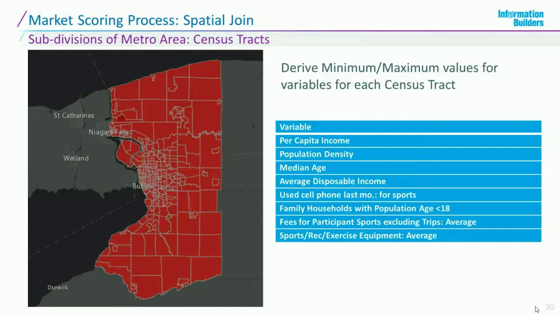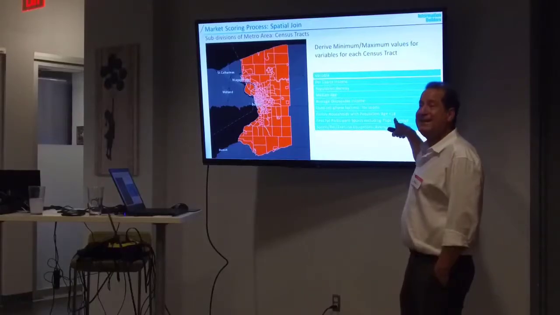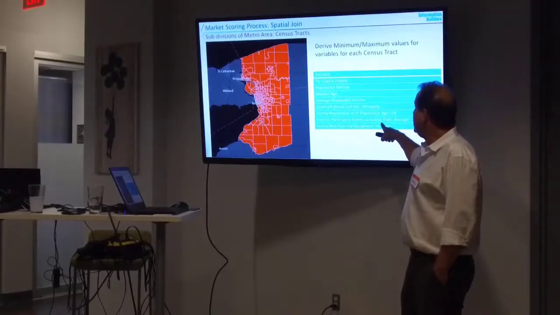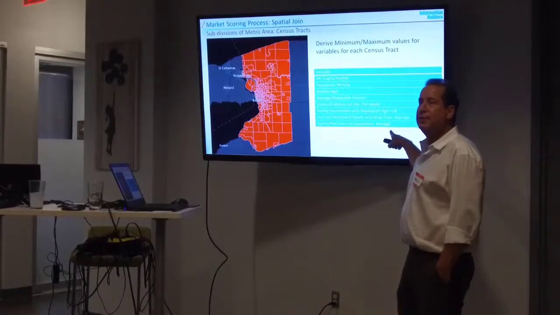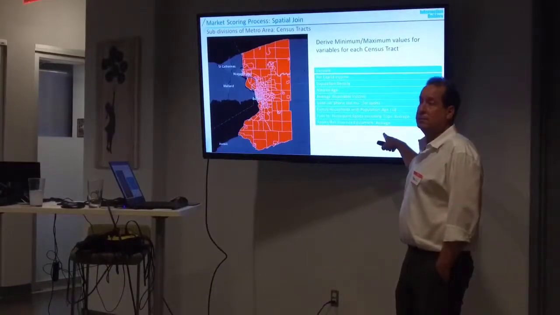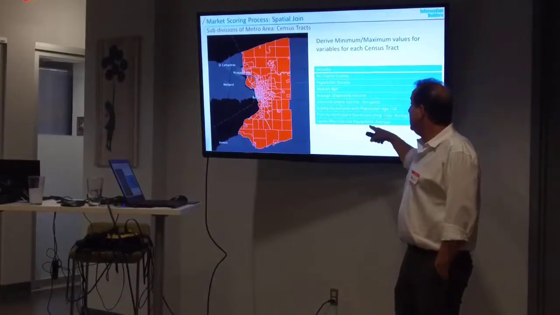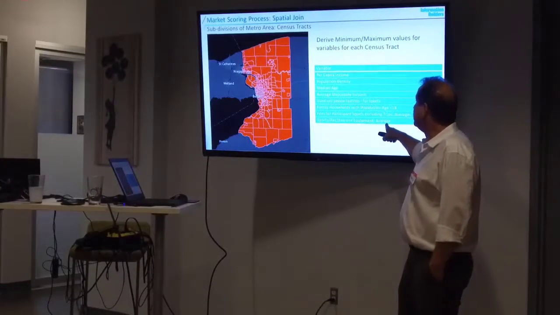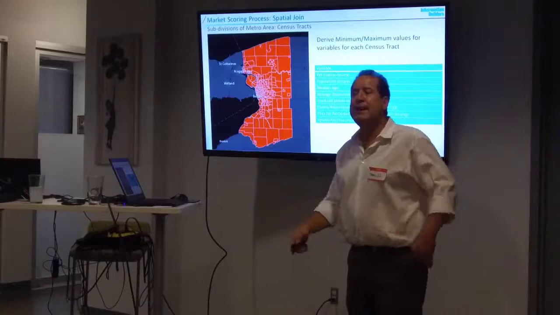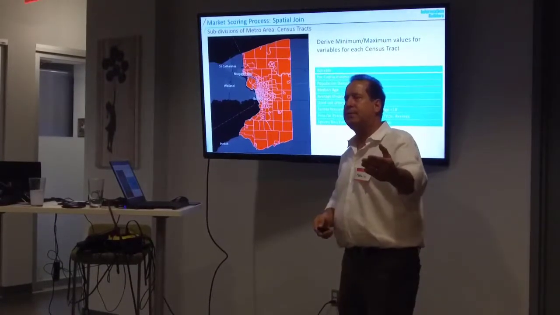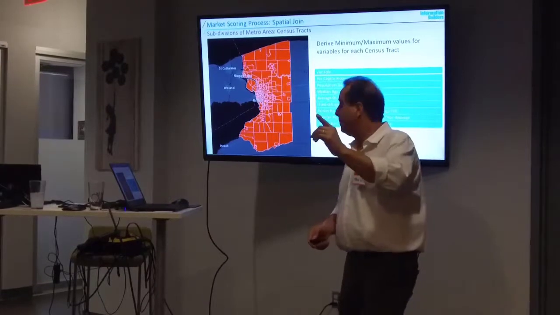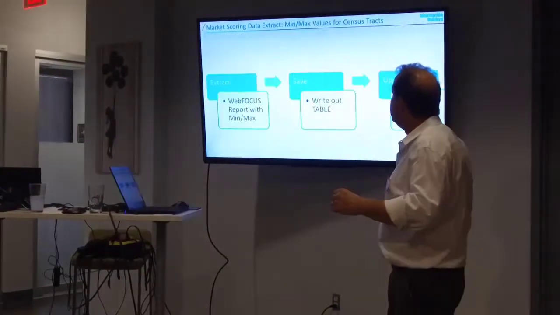Family household with a population age less than 18. Okay, fees for participant sports excluding trips, the average. So what are they paying for Little League, right? Sports rec exercise equipment, so things like that. They're going to take all those and they're going to mash them together and they're going to come up with a perfect score that's going to color these different shapes.